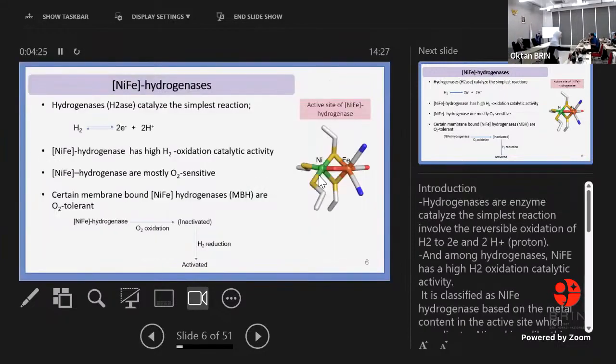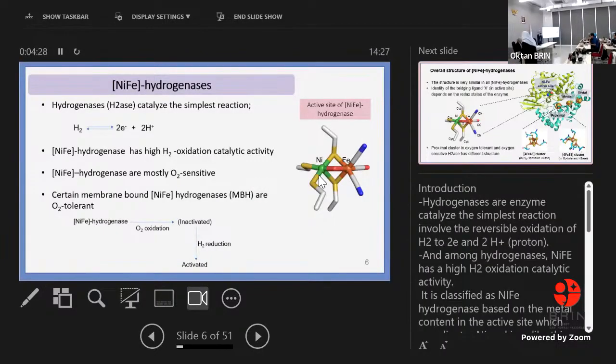Okay, so next. What are nickel iron hydrogenases? Just a short introduction, because maybe some of you are not really familiar with hydrogenase. Hydrogenase is an oxidoreductase that catalyzes the simplest reaction: it converts molecular hydrogen into very simple particles, which are two electrons and two protons.